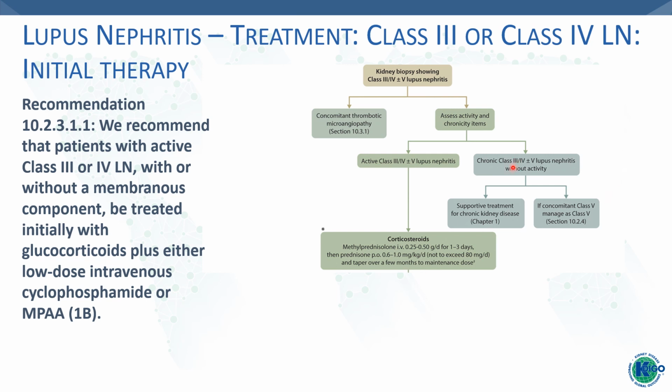If the pathology is showing chronicity without activity, you will give general supportive treatment for chronic kidney disease. But if there is concomitant class 5, manage as class 5.